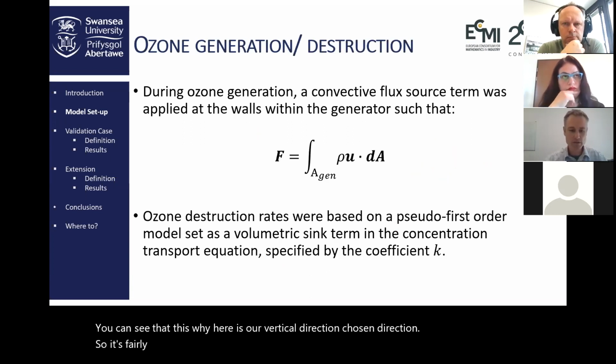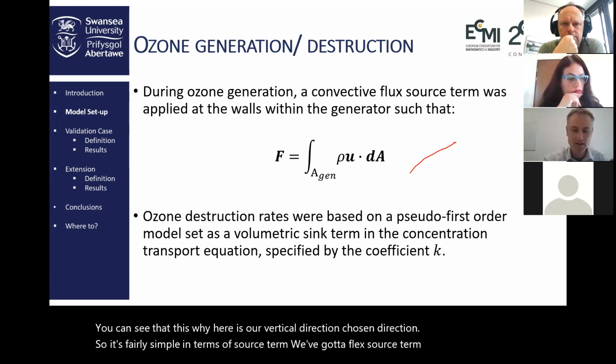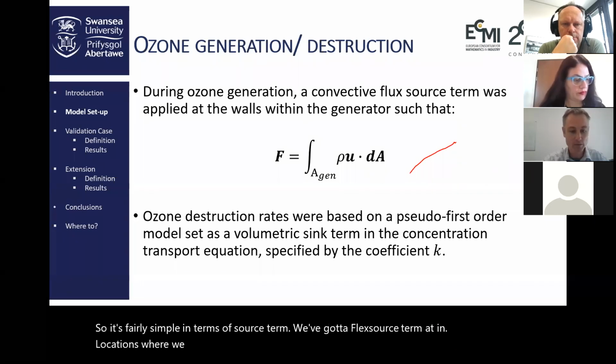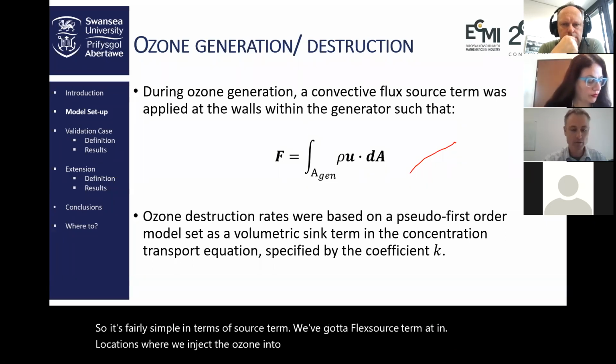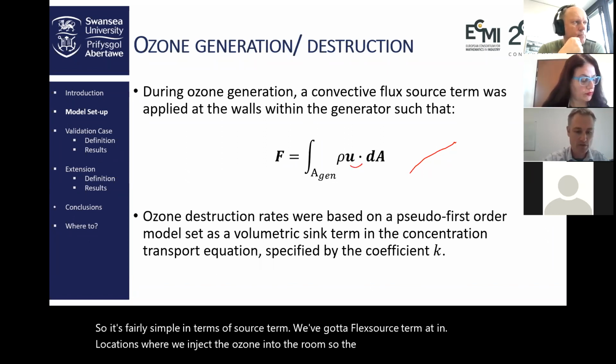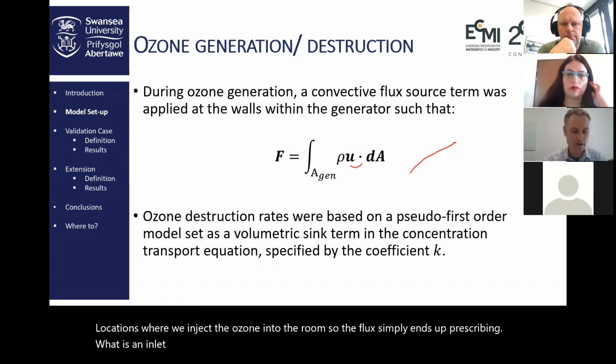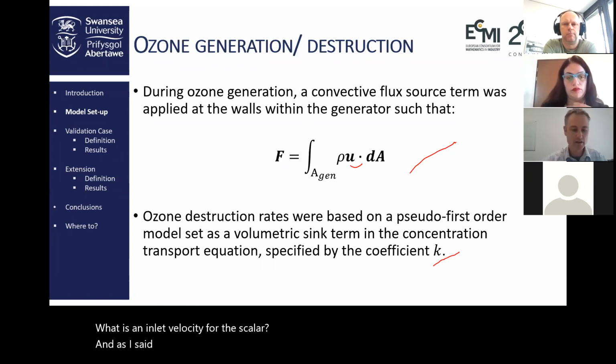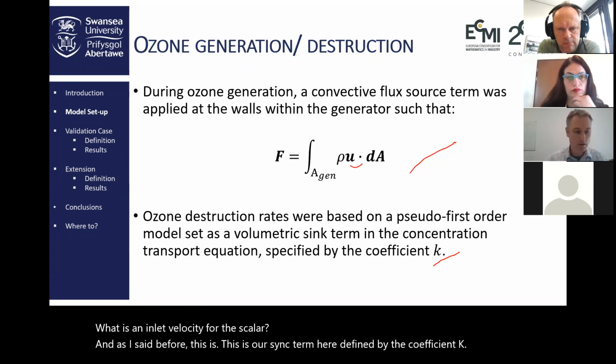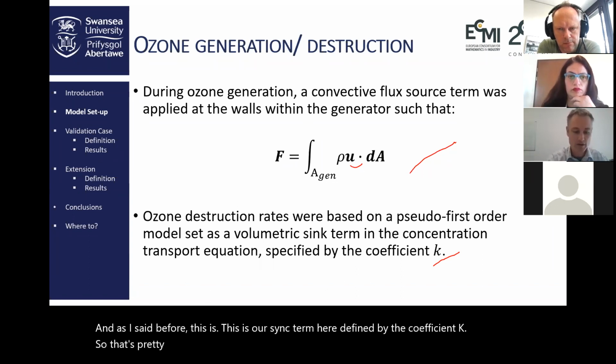In terms of source term, we've got a flux source term in the locations where we inject the ozone into the room. So the flux simply ends up prescribing what is an inlet velocity for this scalar. And as I said before, this is our sink term here defined by the coefficient K. So that's pretty much the setup that we used.